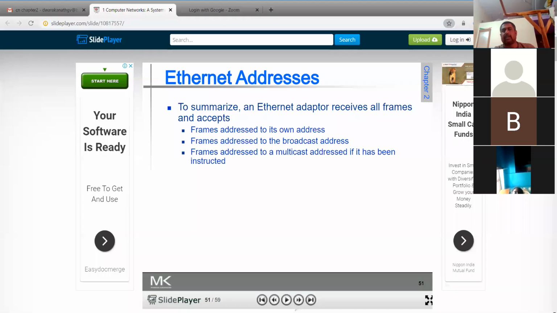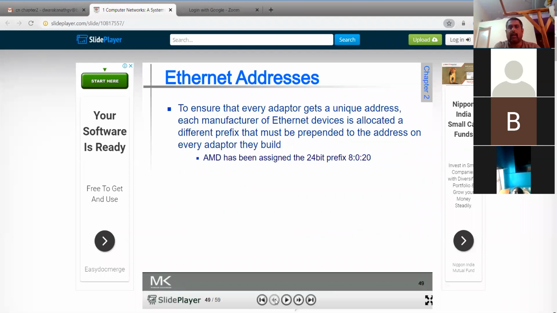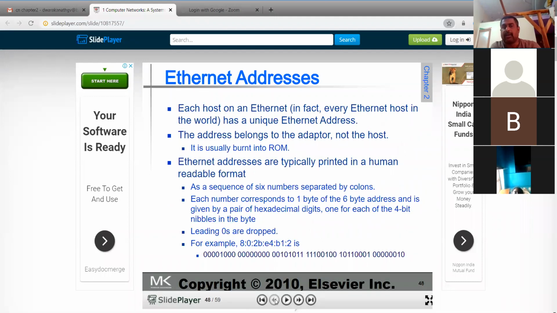In the last class, we also discussed the frames addressed to their own addresses. We have seen how each adapter will have its own permanent physical address, and the IP address will be the logical address that I told you will be in the network layer.